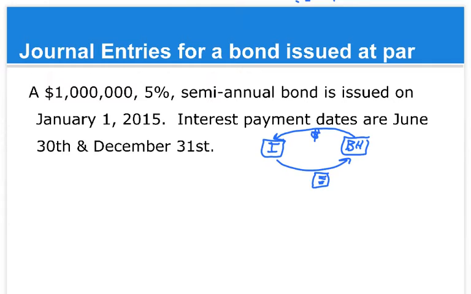So let's see what that entry looks like. On January 1st, from the point of view of the issuer, we are going to debit cash, and the bonds are issued at par, so debit cash for $1 million, and they will credit bonds payable for $1 million.